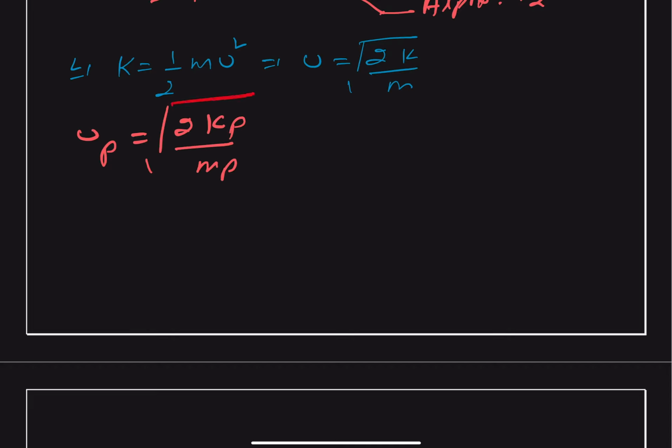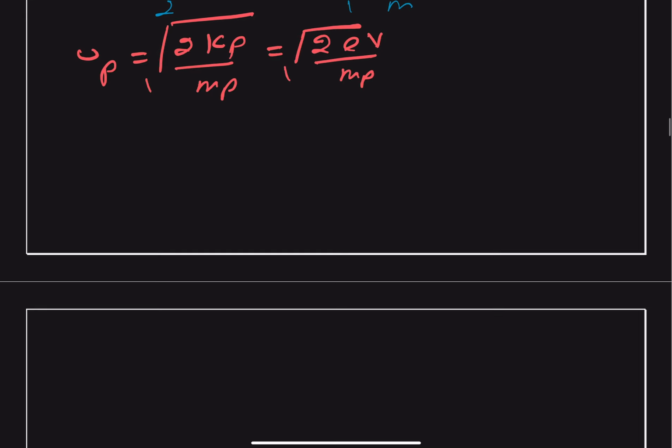We substitute the value of the kinetic energy, that is eV, and the mass of proton is the same. Similarly, we write for the alpha particle: the square root of k alpha divided by mass of alpha particle.